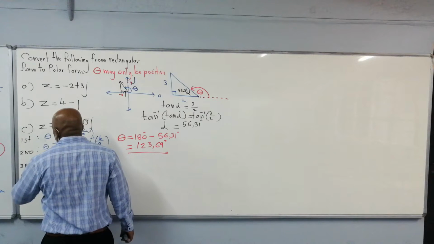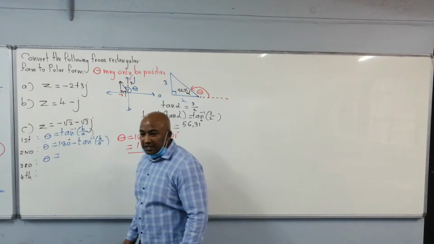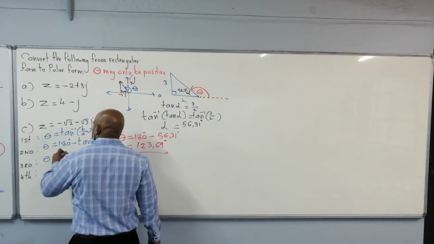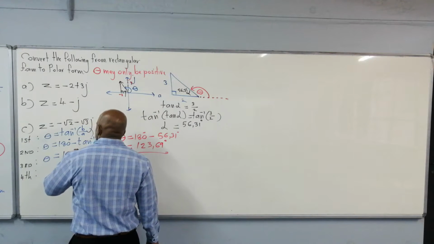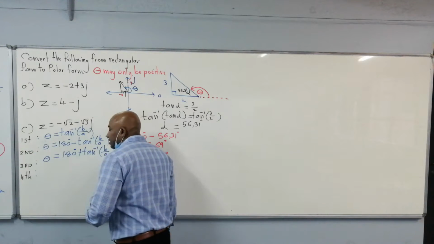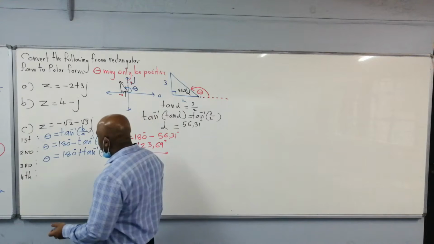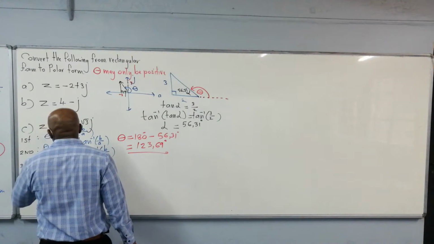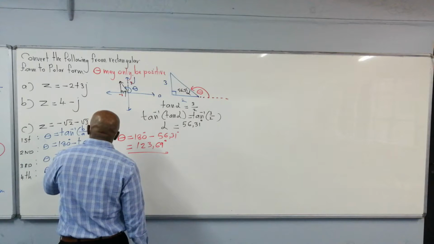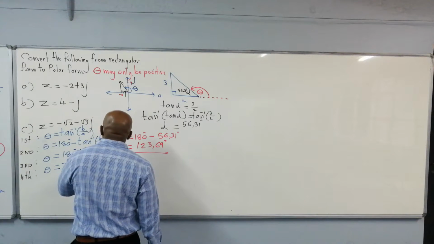So remember your CAST diagram. What do we use in the third quadrant? 180 plus inverse tan b over a. And in the fourth quadrant? 360 minus inverse tan b over a.